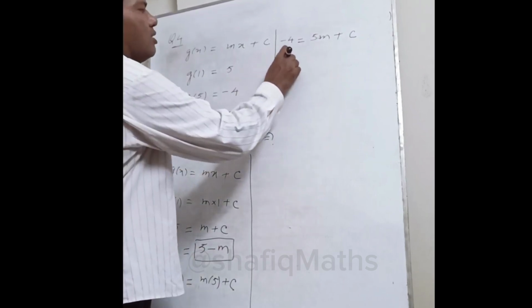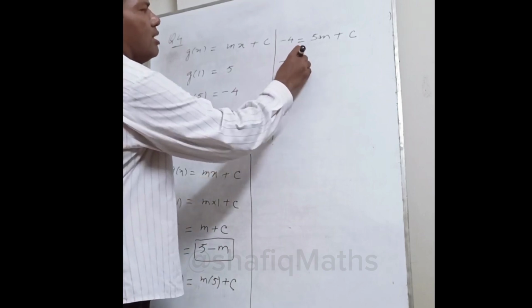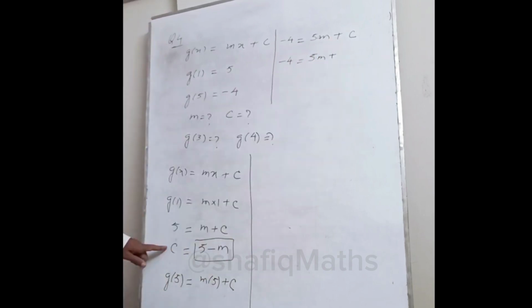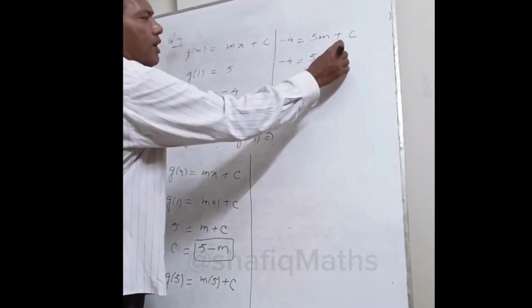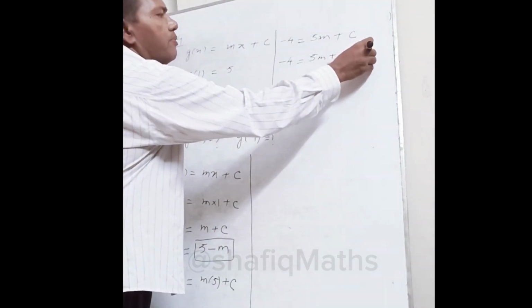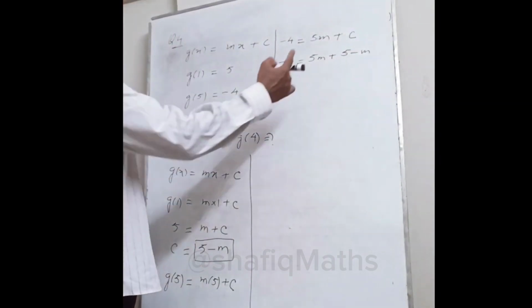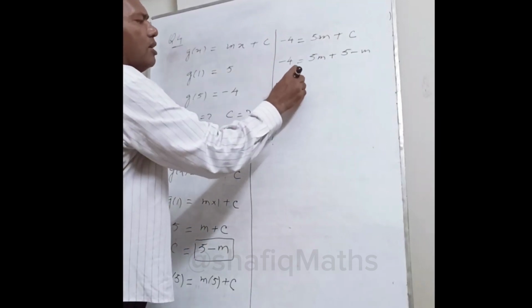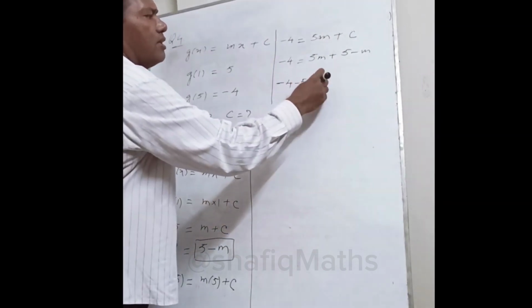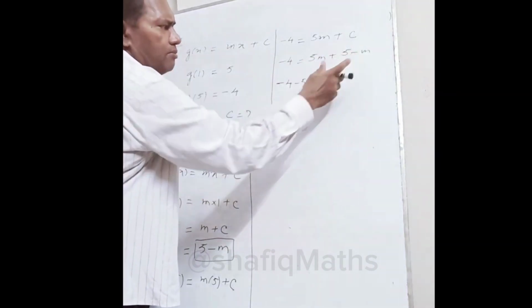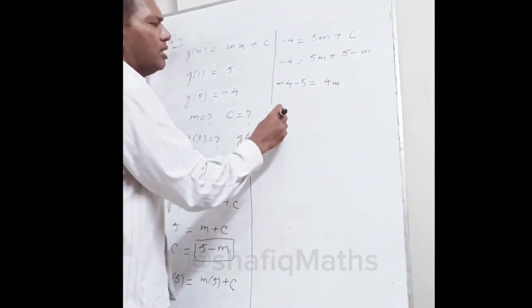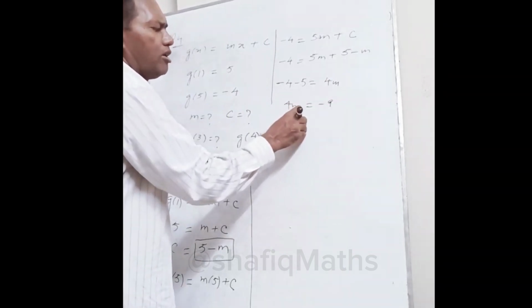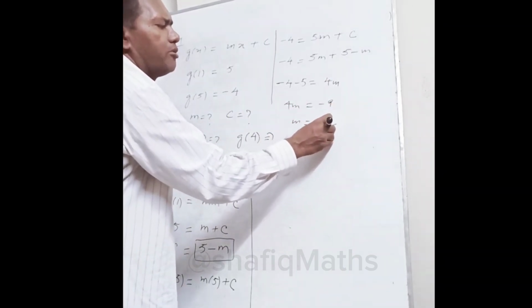So −4 = 5m + 5 − m. The 5 is plus here, shifting to this side would be minus. −4 − 5, 5m − m is 4m. 4m = −9, m = −9/4.